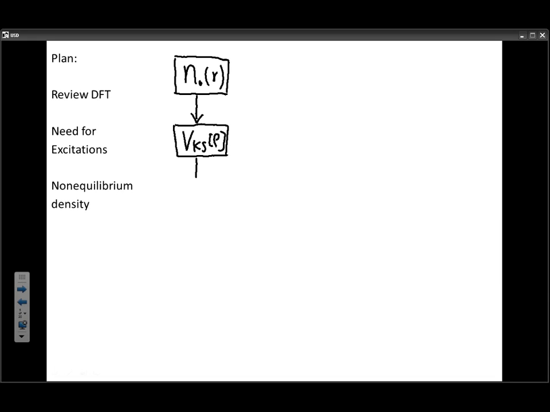After we obtain the Kohn-Sham potential, we solve the Kohn-Sham one-electron equation.